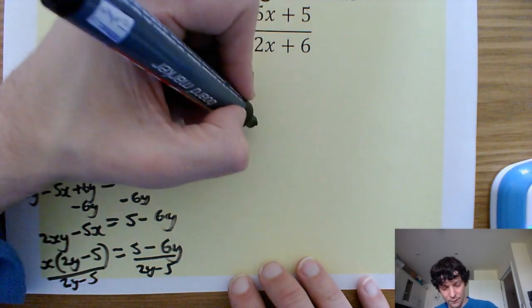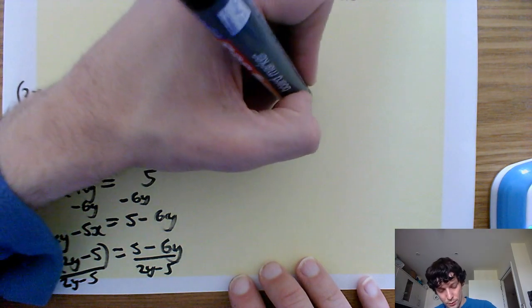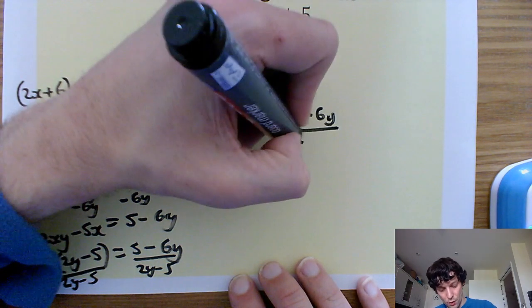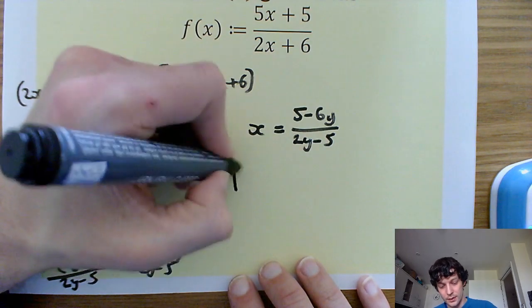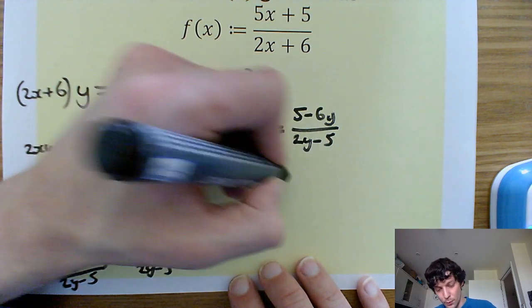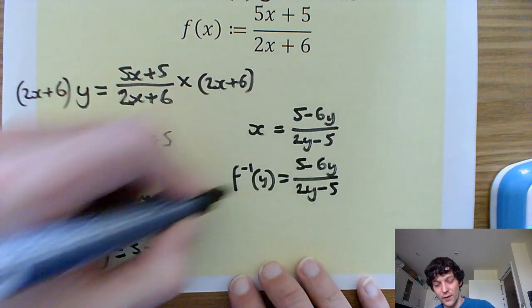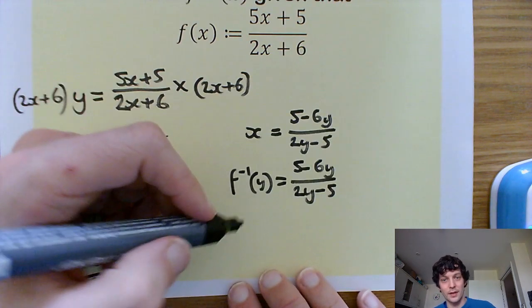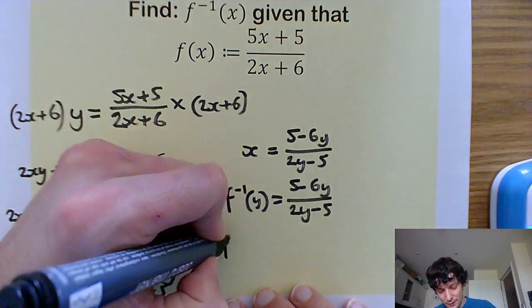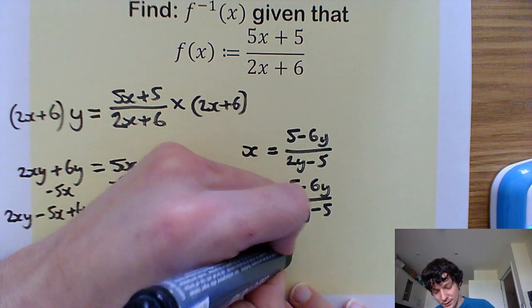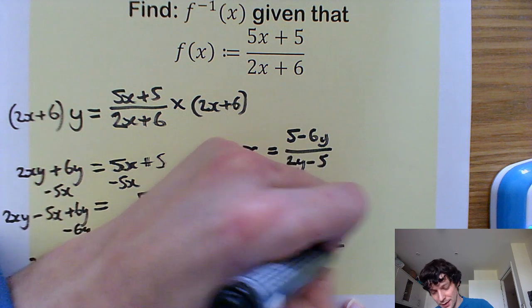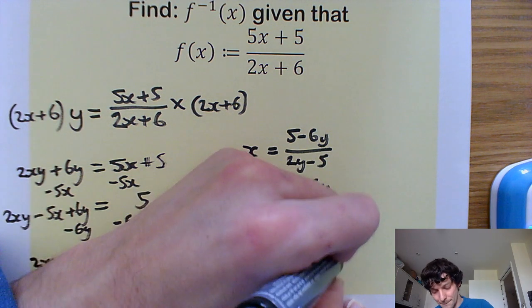So we get that x is equal to (5 minus 6y) over (2y minus 5). So that means f inverse of y is (5 minus 6y) over (2y minus 5). My function was given in terms of x, so I want to give the inverse in terms of x. So f inverse of x is (5 minus 6x) over (2x minus 5).